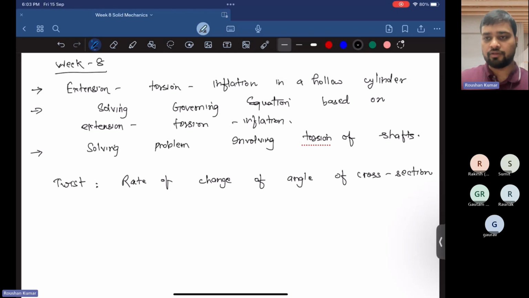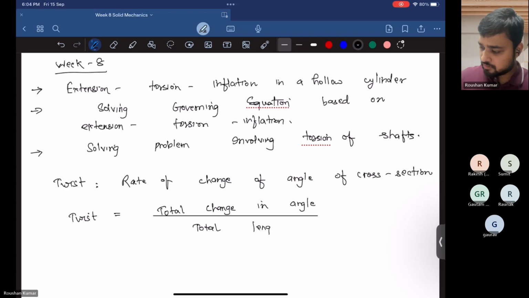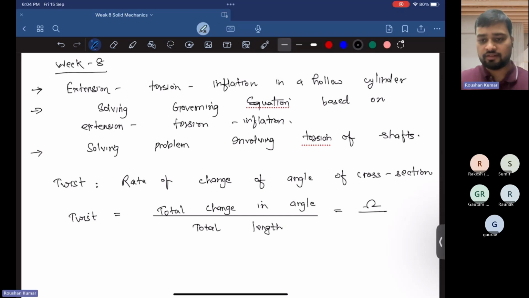The rate by which the angle of the cross section changes is called the twist, and it is given by the total change in angle upon total length. Total change in angle is represented by omega and total length is represented by L.